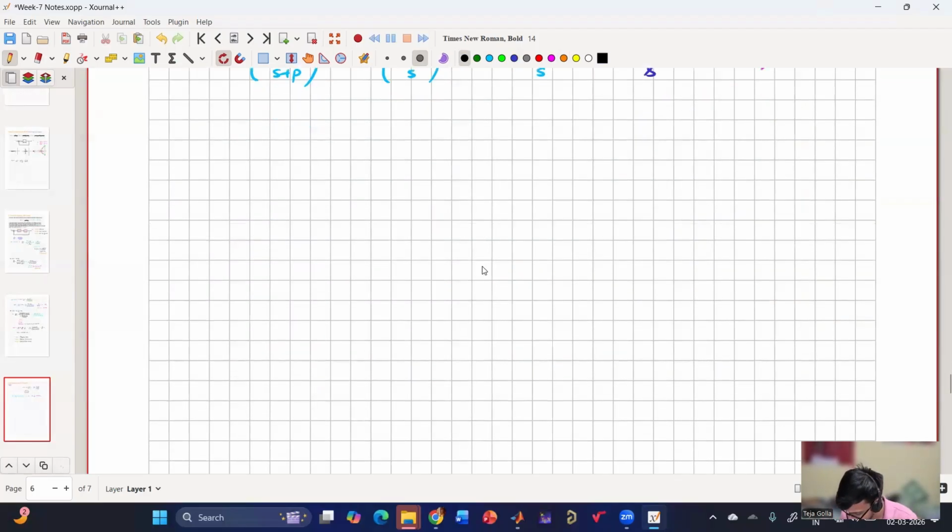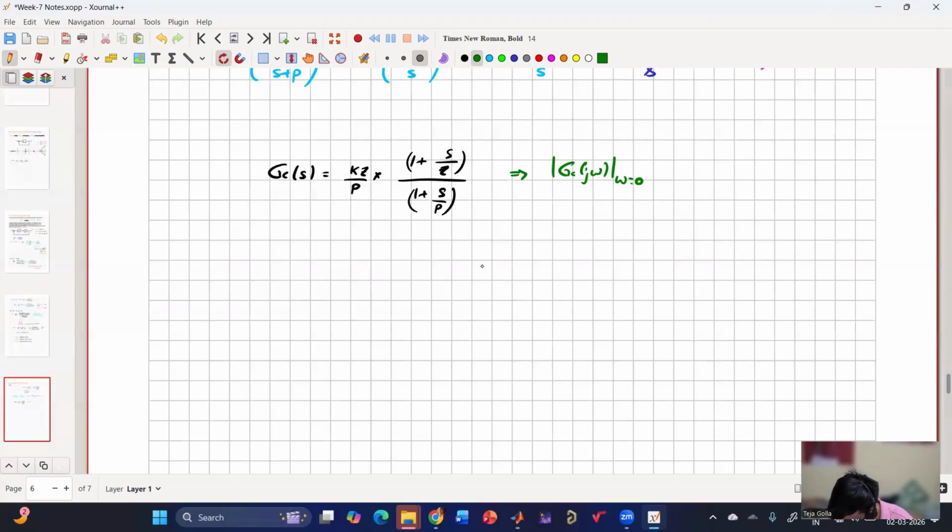So GC of S is equal to K into Z by P into 1 plus S by Z over 1 plus S by P. We can get the DC gain from this, which is mod of GC j omega at omega equals 0. The gain is nothing but K into Z by P.